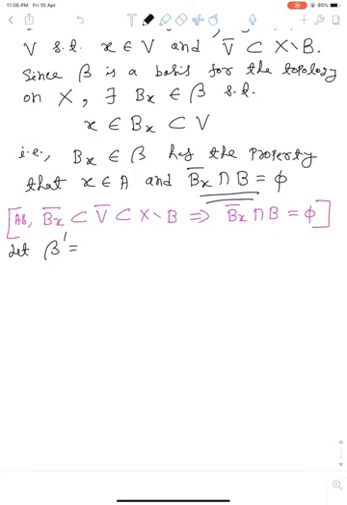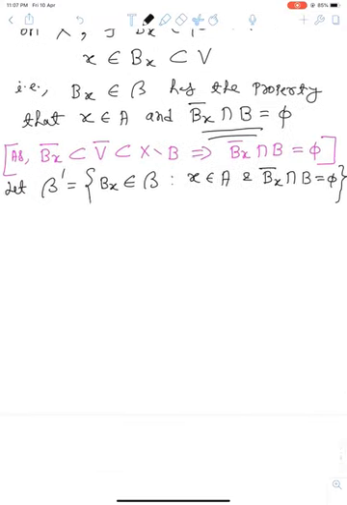Okay. Now beta dash is just a collection of this kind of Bx. That means it is the collection of Bx belonging to beta such that x belongs to A and the closure of Bx intersection B is empty. That means for each x we get such a Bx, right?